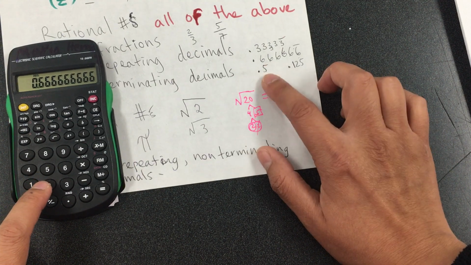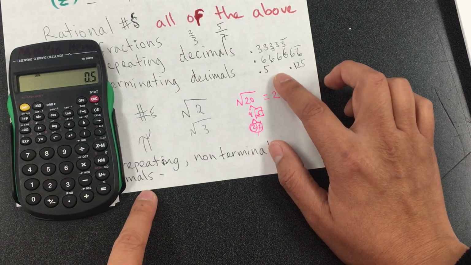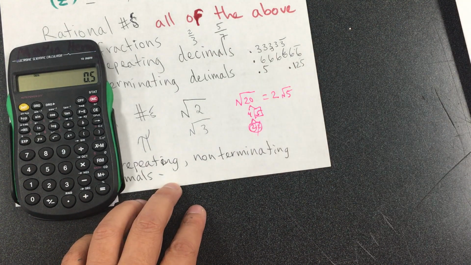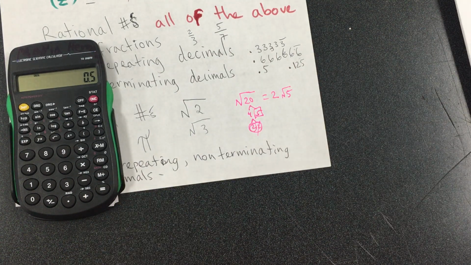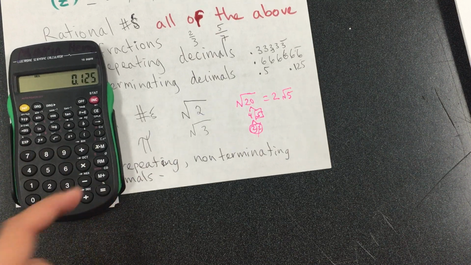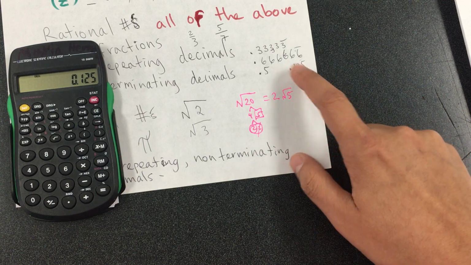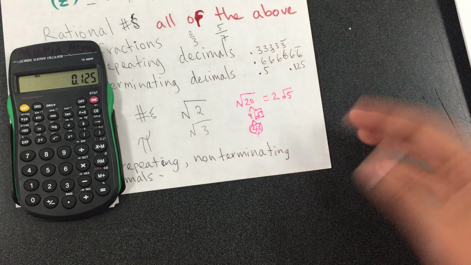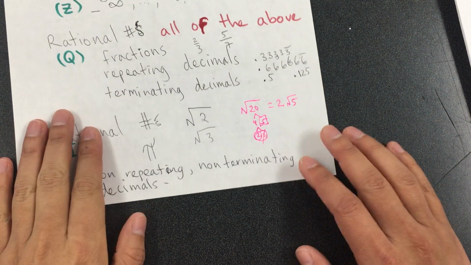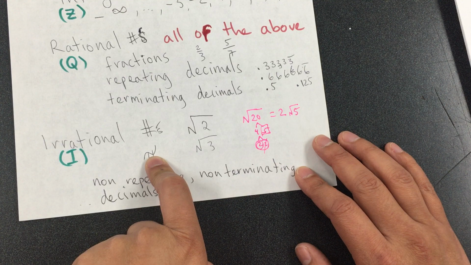Or the terminating decimals, which is 1 divided by 2 is 0.5. It doesn't have any numbers after that. It's just 0.5 and that's it. 1 divided by 8 is 0.125. It's 1/8. That's a fraction actually, and so that's why it's a rational. But these are numbers that do not repeat.